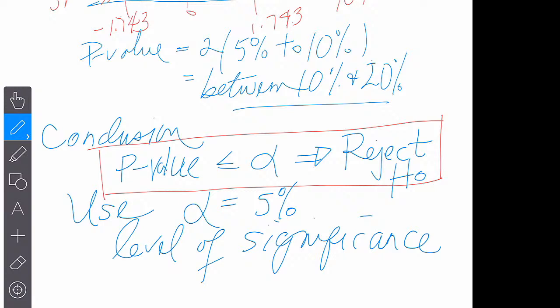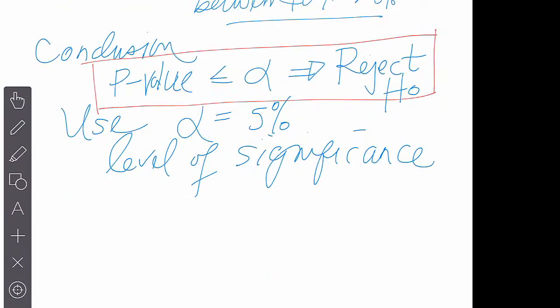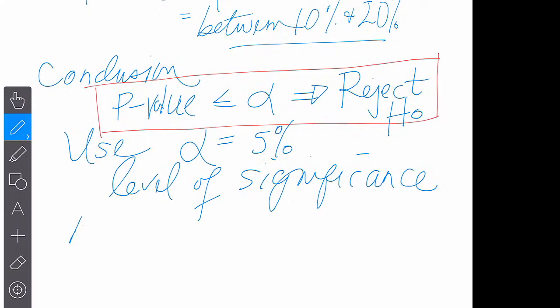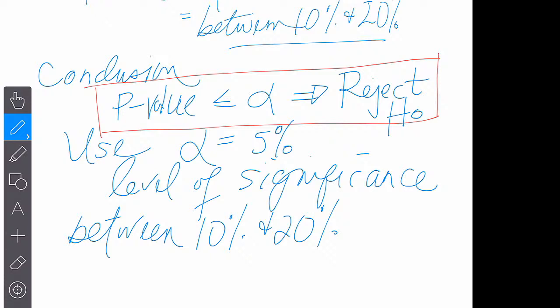This is the level of significance. Okay? So let's test. Our answer was between 10% and 20%. Is that smaller than 5%?